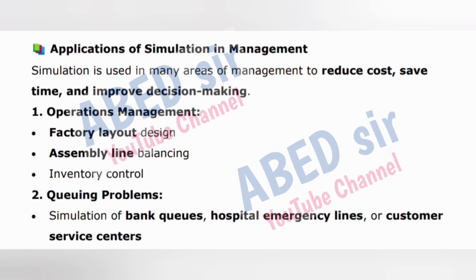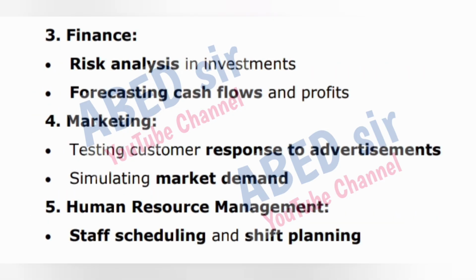Applications of simulation in management. Simulation is used in many areas of management to reduce cost, save time, and improve decision-making. 1. Operations management: factory layout design, assembly line balancing, inventory control. 2. Queuing problems: simulation of bank queues, hospital emergency lines, or customer service centers. 3.